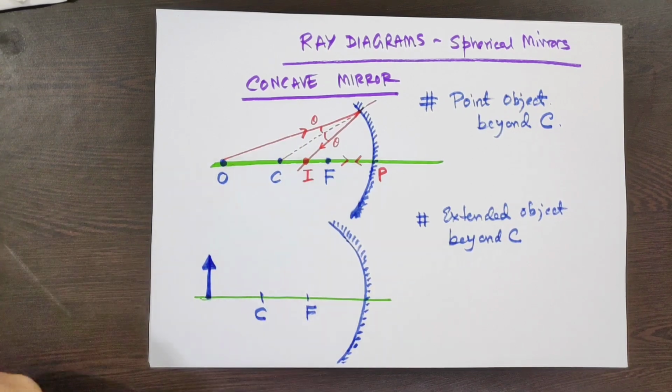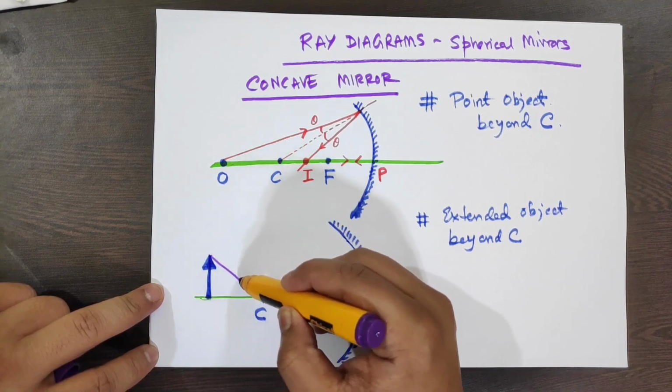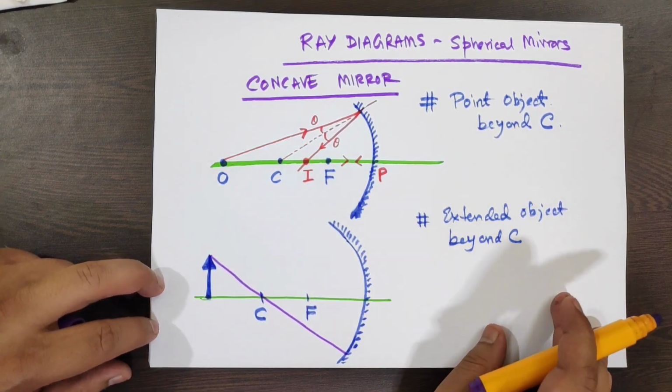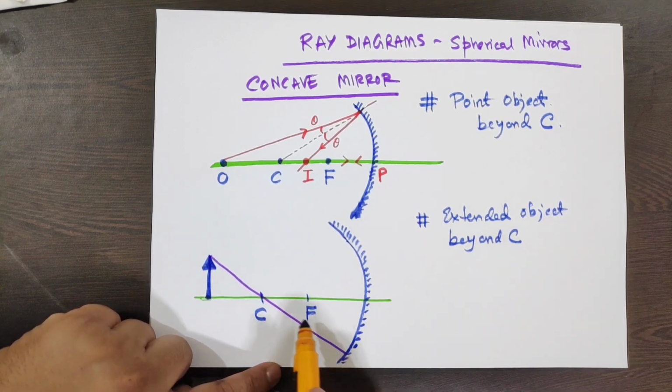See, just concentrate on two light rays. One light ray will go through the center of curvature, and the light ray passing through the center of curvature will obviously be perpendicular to the surface, right?